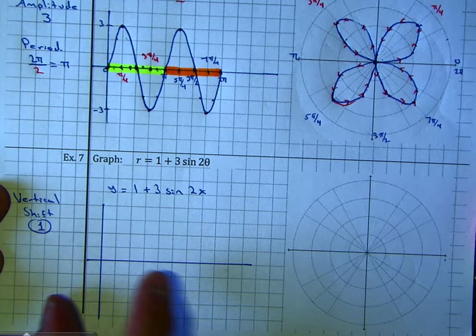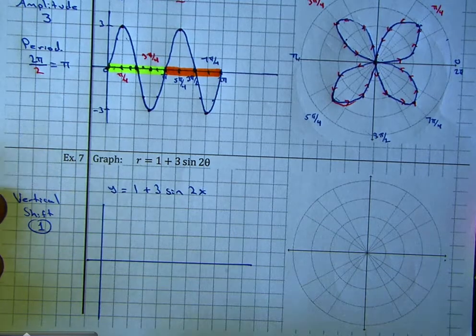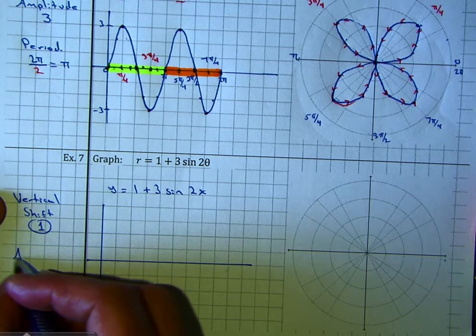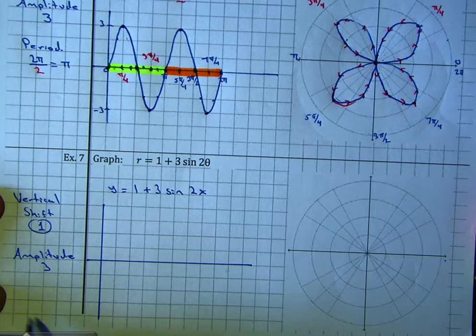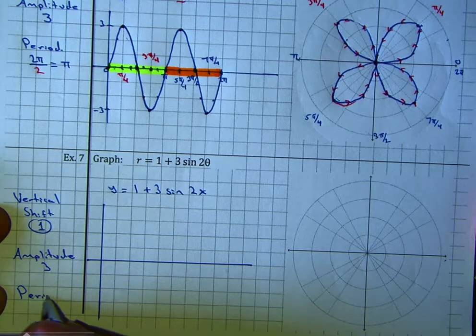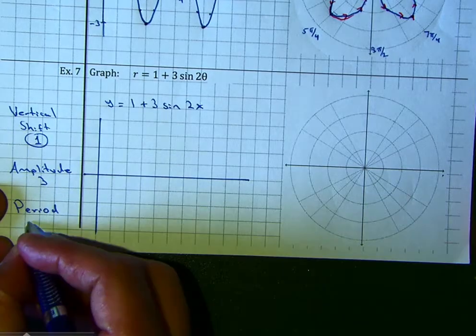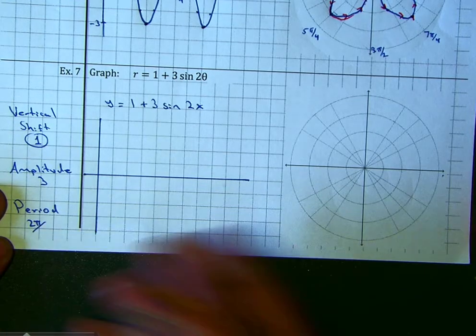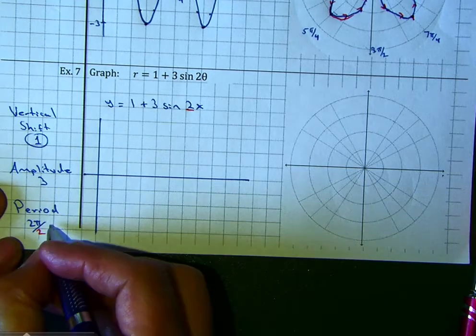When it's a horizontal shift, we call it a phase shift when we graph in sine. Then we have an amplitude of 3, and your period will be 2 pi over b, which is 2 pi over 2, which therefore your period will be pi.